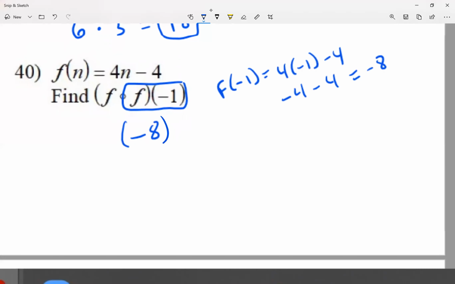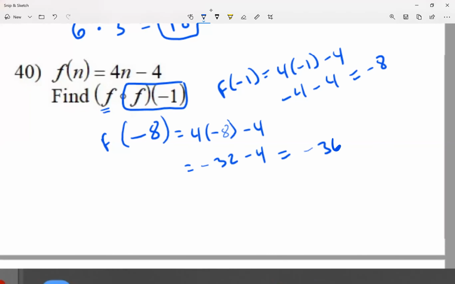And I'm going to do f again because there's the f on the outside. All right, so f of negative 8, that is 4 times a negative 8 minus 4, or negative 32 minus 4, which is negative 36.